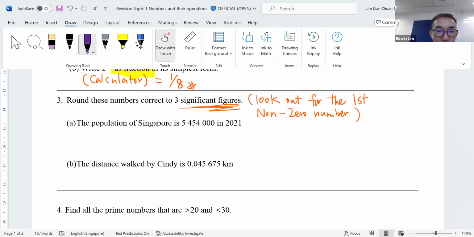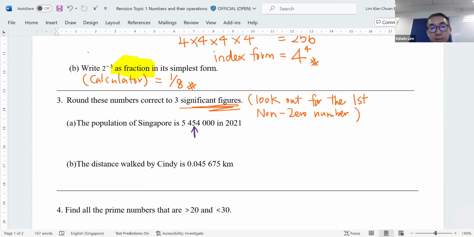The number supposed to be 5. Can you see the arrow that I have drawn? This is the number that we should stop writing, right? So 5, 4. Okay, so the 5 will remain as 5 or become a 4 or a 6. We look at the number next to it. So it's 5, next to it is a 4. So it will continue to remain as a 5. But is this the right answer?